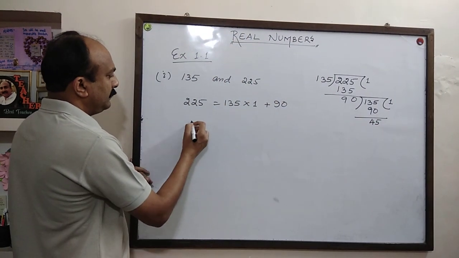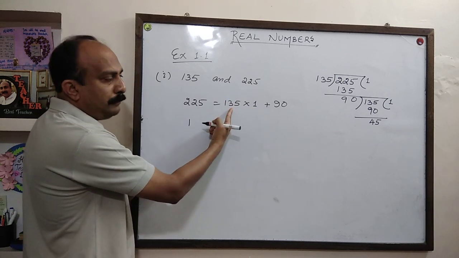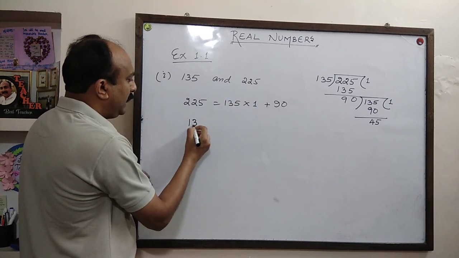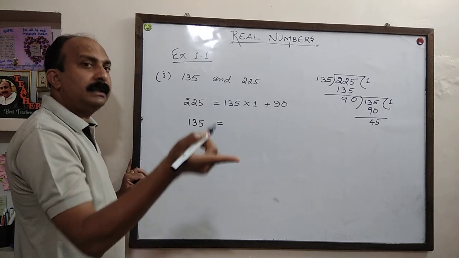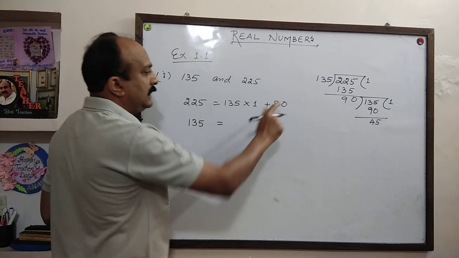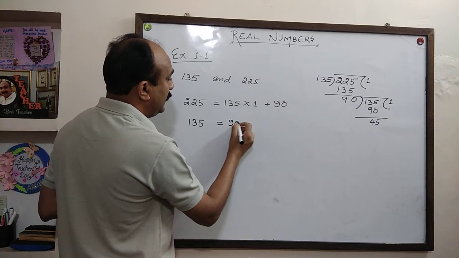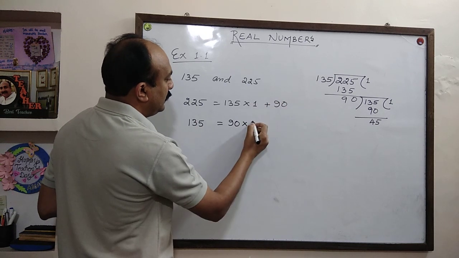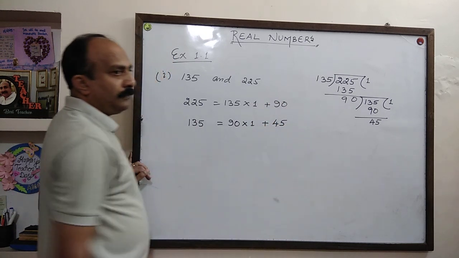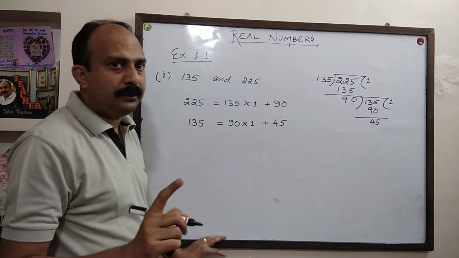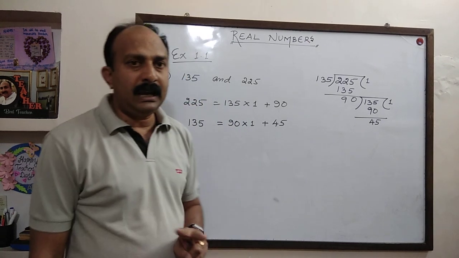So the next step, 135. Among these two, we will take the bigger number as the new A and it will be divided by the previous remainder, that is 90. So B is equal to 90, Q is equal to 1 and the remainder is 45. Once again the remainder is not 0, so we will continue the division. Now which are the two A and B?